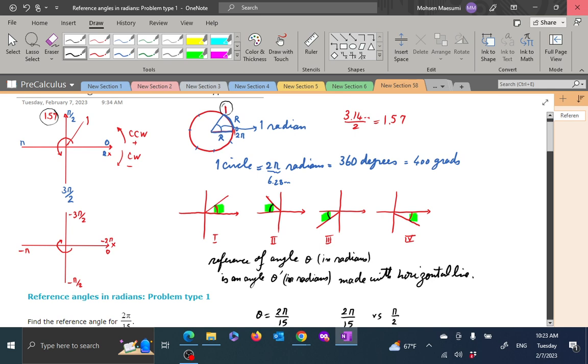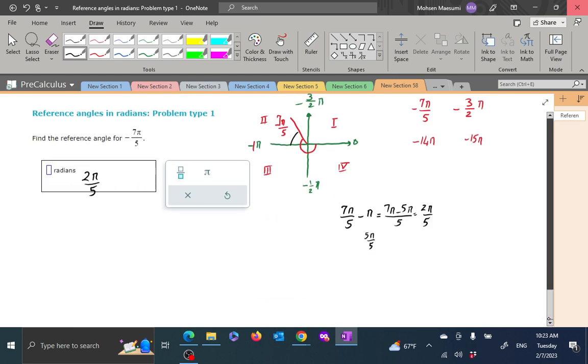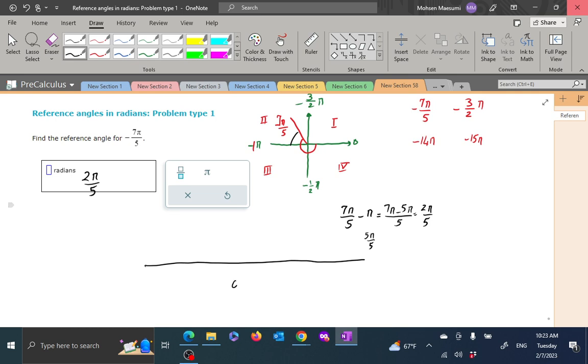Again, those of you who want a little bit extra, here's a problem, not for grade, just in case you're curious. If I have an angle that is 10,000 radians, some ridiculously large number, what is the reference angle of this?